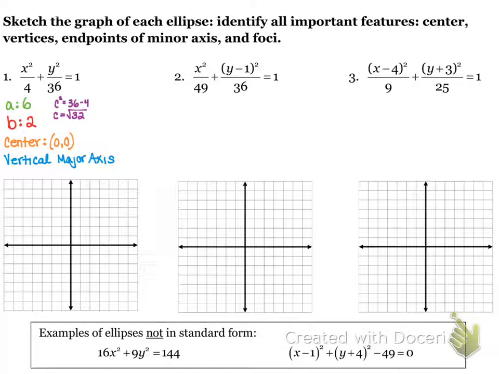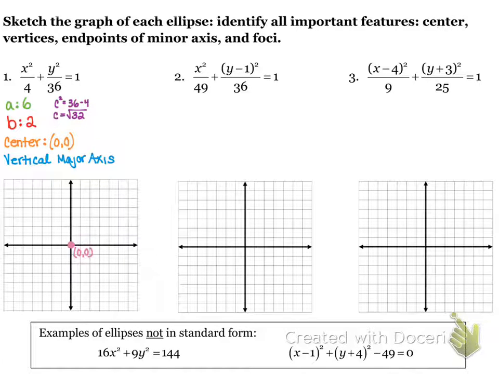I'm first going to start by labeling my center, which is at 0, 0. The value of my vertical axis is my major one. I'm going to go up and down the value of A, because remember, A is the semi-major, so 2A is the whole diameter.